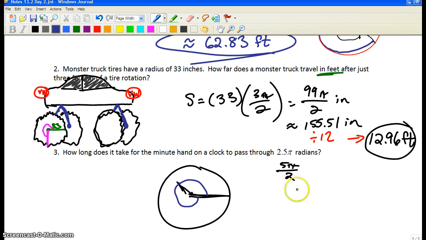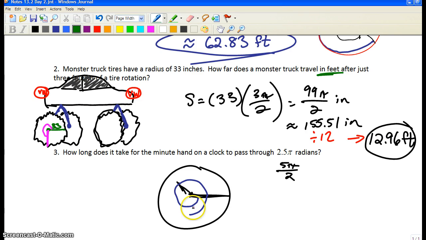How much more do we need? How much more than 2 pi is 5 pi over 2? 1/2 more, right? Just like 2.5. So we need to go another 1/2 pi as far as our rotation. Does that make sense?